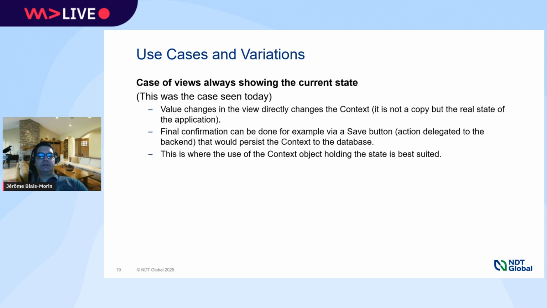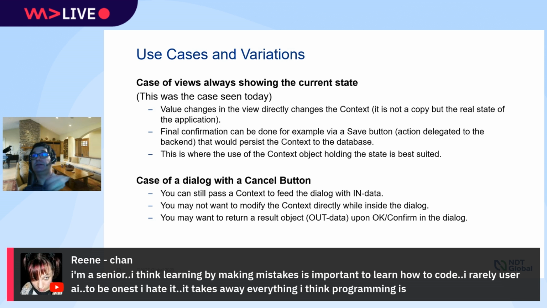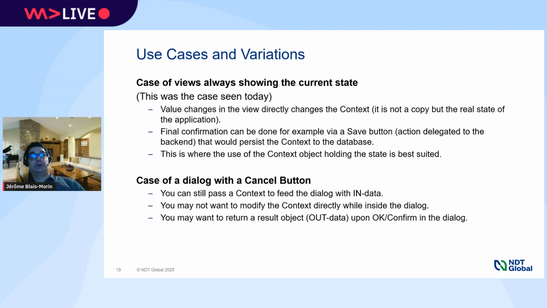There's another case though. If you have a dialog window and that dialog window has a cancel button, you can still pass the context into the dialog for any input data, but maybe you don't want to modify the context directly in case the user hits cancel.